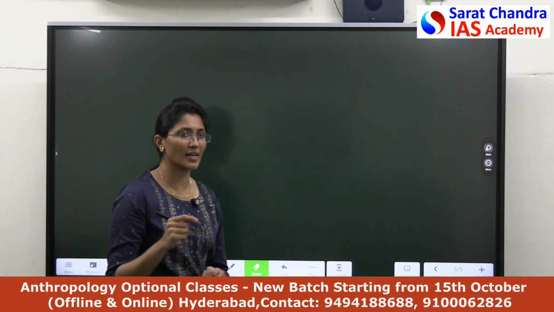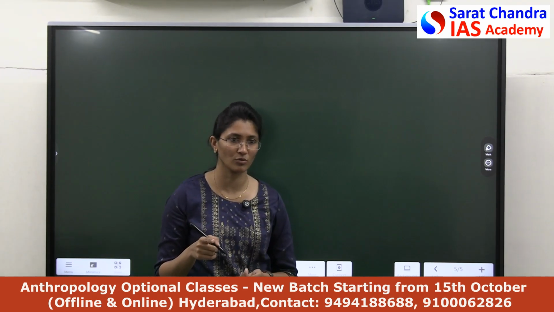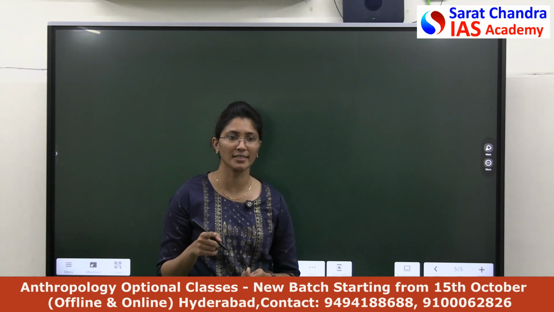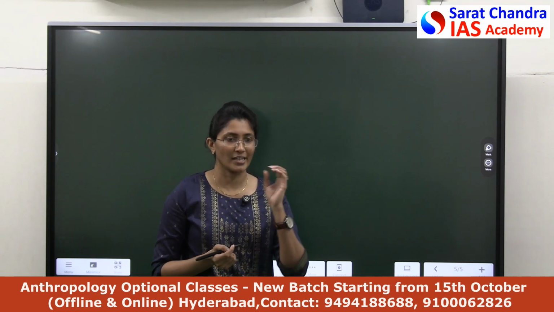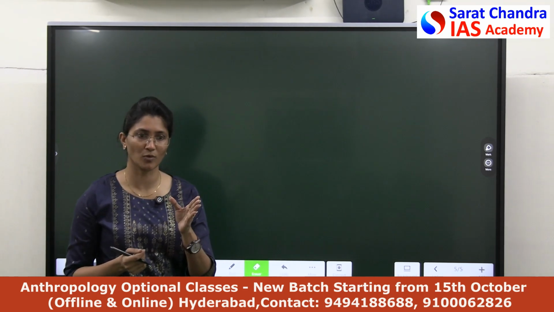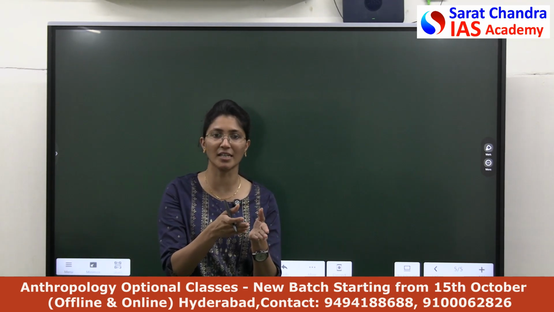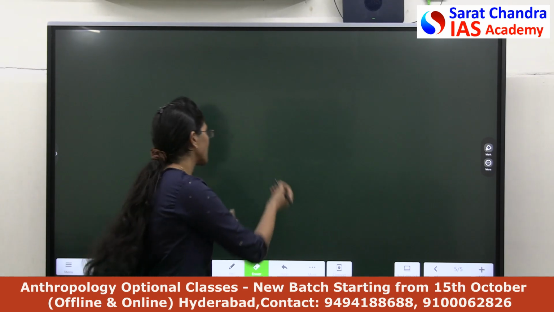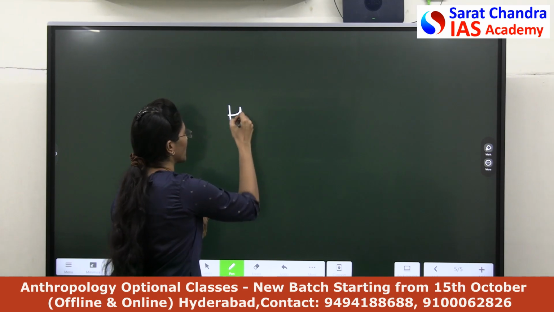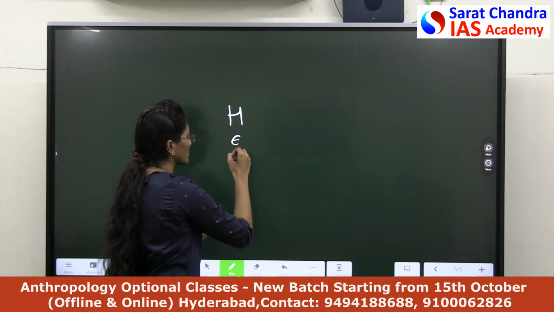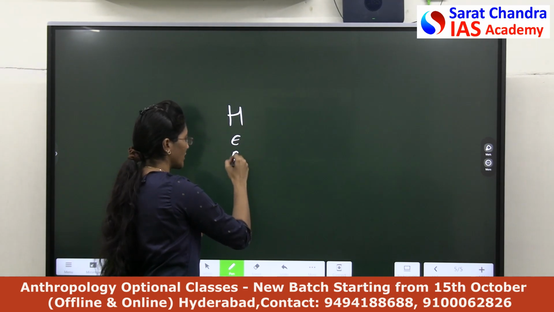In chapter 1.2 or 1.3, you study the relationship with different disciplines. If you say social science, what do social sciences study? History, economics, civics, like polity.